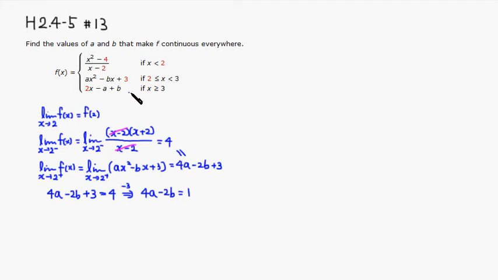So now we're going to make sure that it's continuous at 3. So we can look at the limit of f of x as x approaches 3 is equal to f of 3. Right? Just like before, let's make sure that this limit exists at x equals 3. So we're going to look at the left-hand limit.